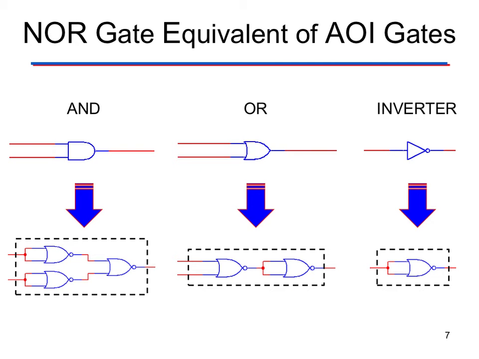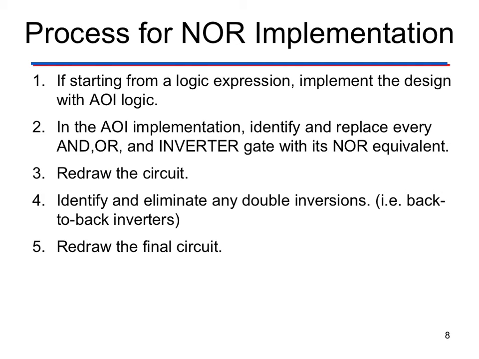So what does this mean? This means just like the NAND gate, we can replace each one of the AOI gates with NOR gates. And the process is much the same for this too.